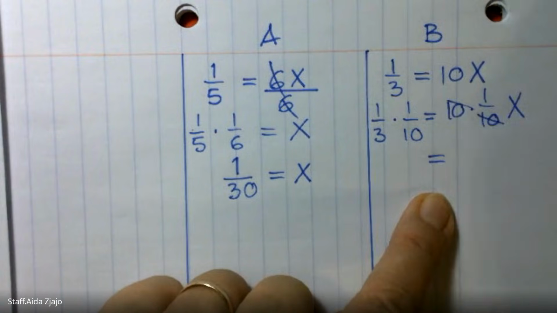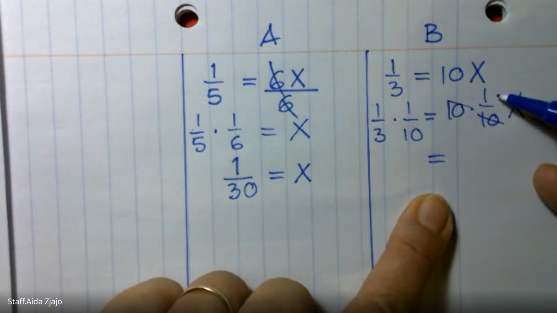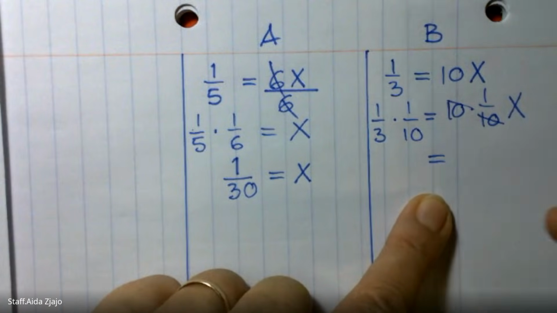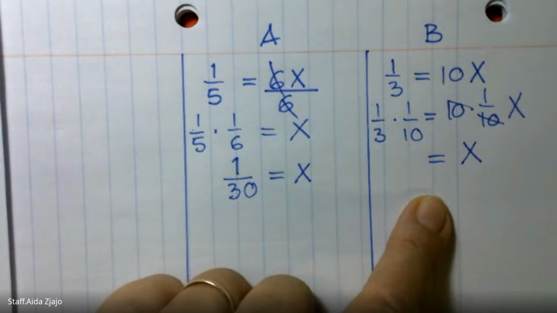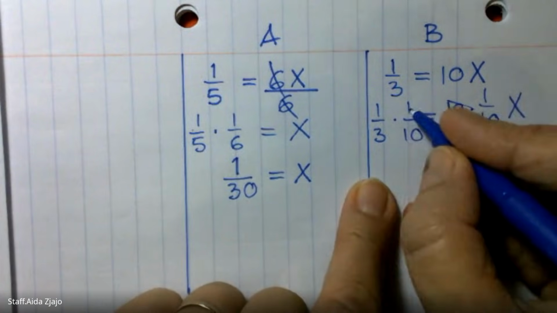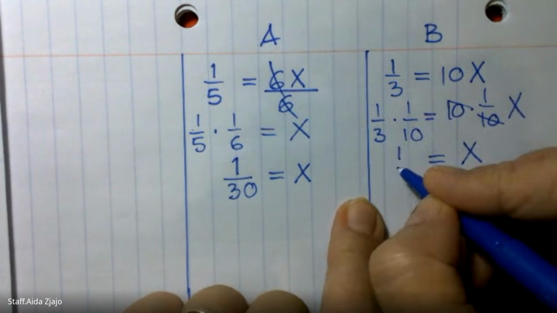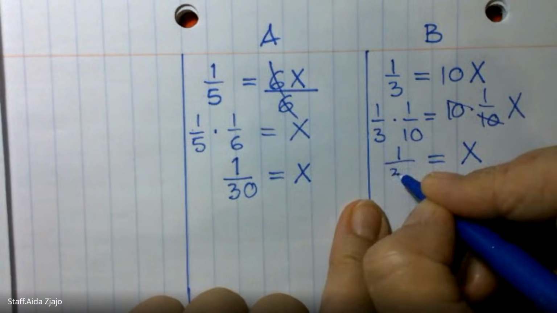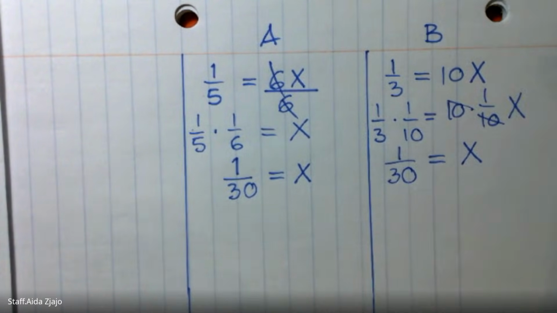This will cancel because 10 times 1 is 10, divided by 10 is 1, 1 times x is x, and then 1 times 1 is 1, 3 times 10 is 30. And then both answers are the same, 1/30th. Okay.